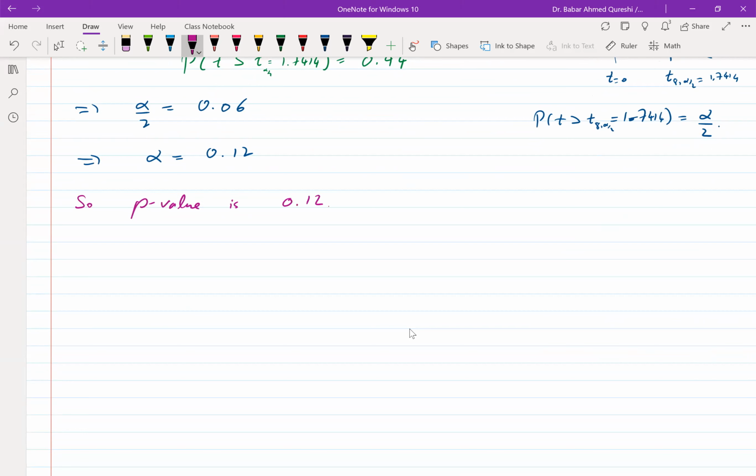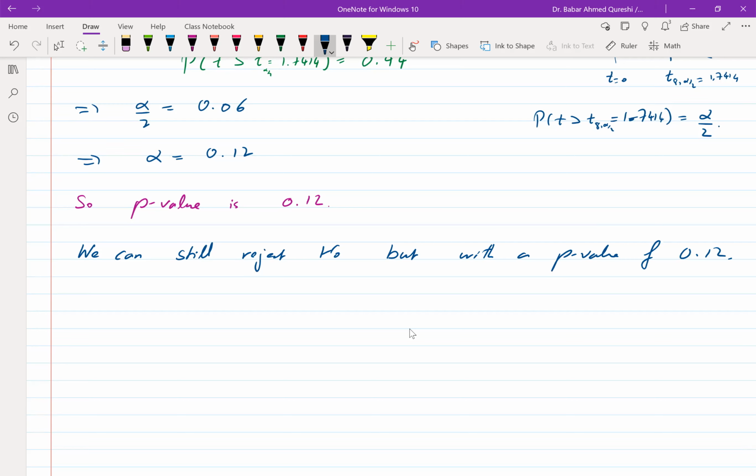Is 0.12. So we can still reject H naught, but with a p-value of 0.12. So you couldn't reject it with a significance 0.05, but you can report that it is rejected with a p-value of 0.12.